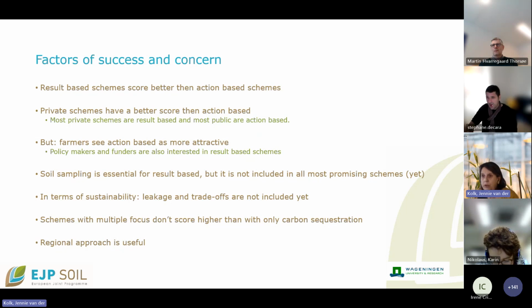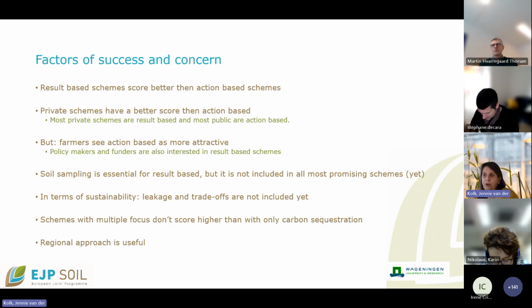We also have to look at sustainability, and leakage and trade-offs are examples of sustainability. They're often not included yet in the schemes.